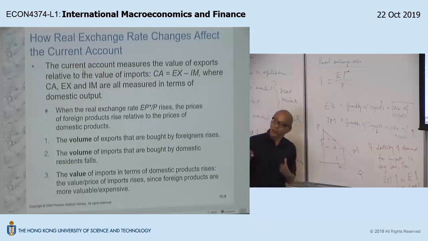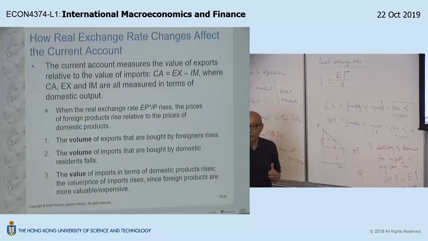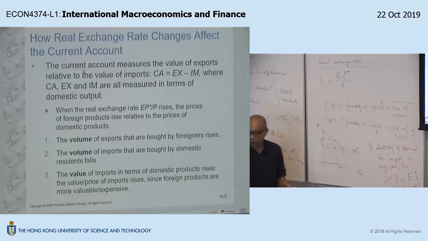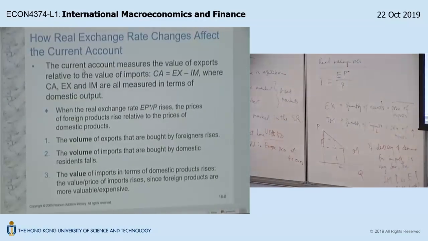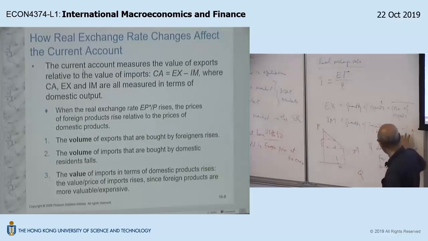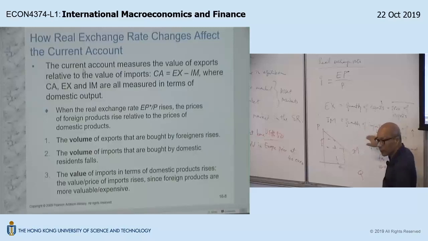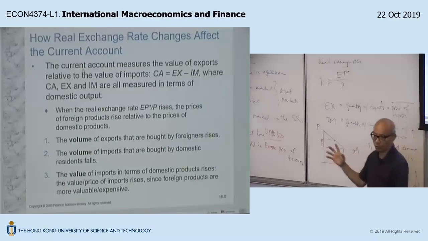So it is not clear whether the net export actually increases or decreases. But if the elasticity of demand for import is sufficiently high, then this is going to decrease. Then we know that net export is going to increase.